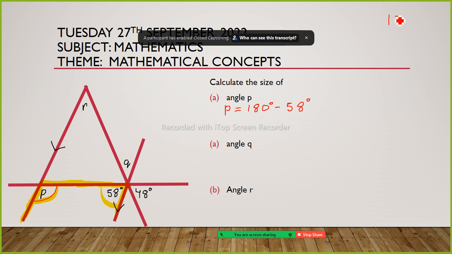Let's see. 180 minus 58. Someone say 122. Okay, 7 minus 5 is 2. So it is exactly 122. Very good. It's going to be equal to 122 degrees.